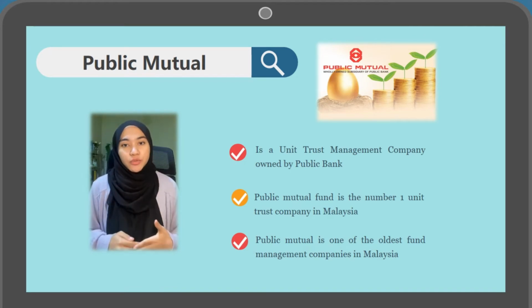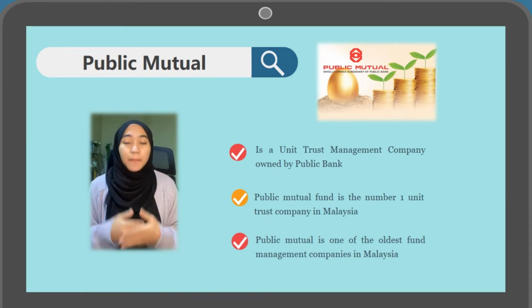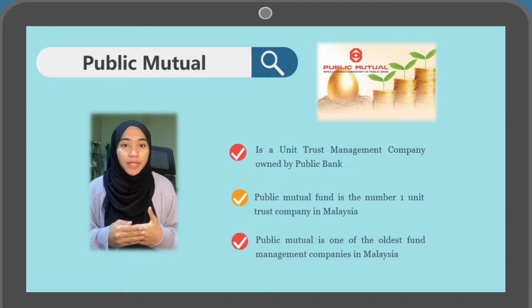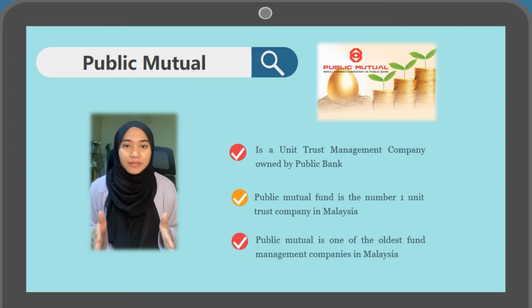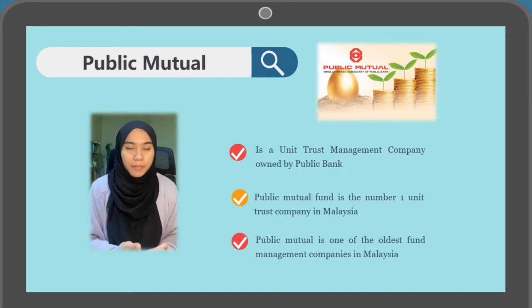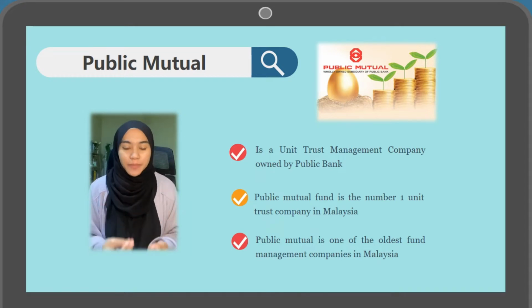Next, we go to the Public Mutual Berhad. Public Mutual Berhad is a unit trust management company owned by Public Bank. Just like the other banks, they have their own unit trust management arm, such as Kenanga has Kenanga Investors Berhad, Affin Bank has Affin Hwang Asset Management, and CIMB Bank has Principal.